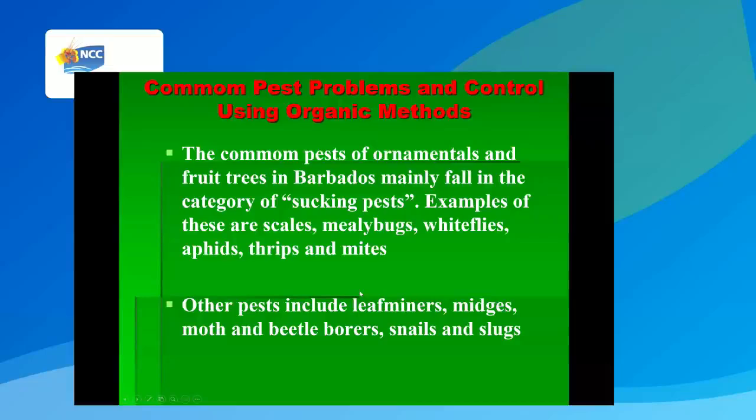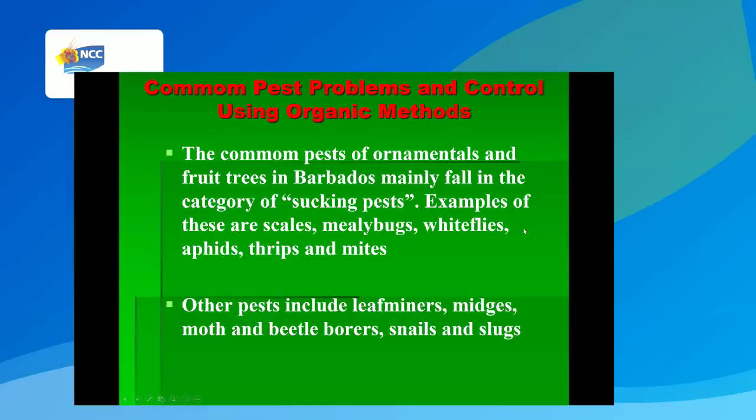Now, when we look at pests in general, that is insect and mite pests in particular, they fall under two main categories. Those that suck the sap from the various parts of the plants that they're on, such as leaves, stems, buds, flowers, whatever.